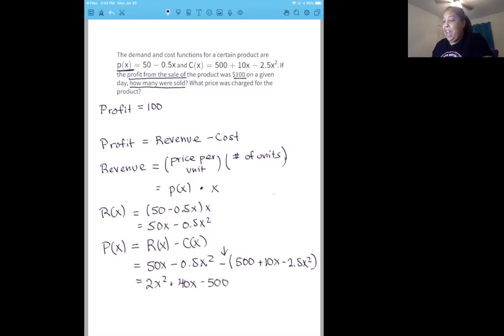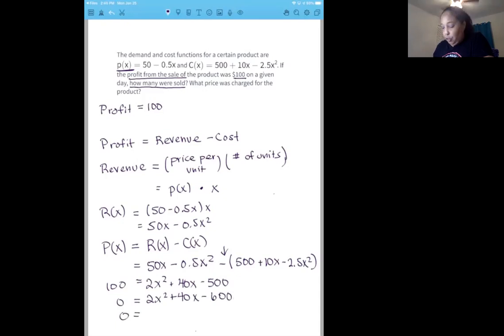Now, they tell us that we have a profit of $100. So I'm going to have my profit equal 100. I'm going to set that equal to 0 so that I have 2x squared plus 40x minus 600. So now I need to factor.